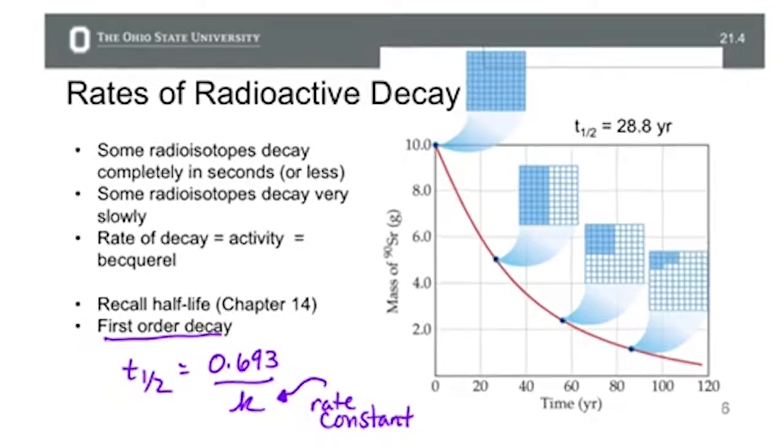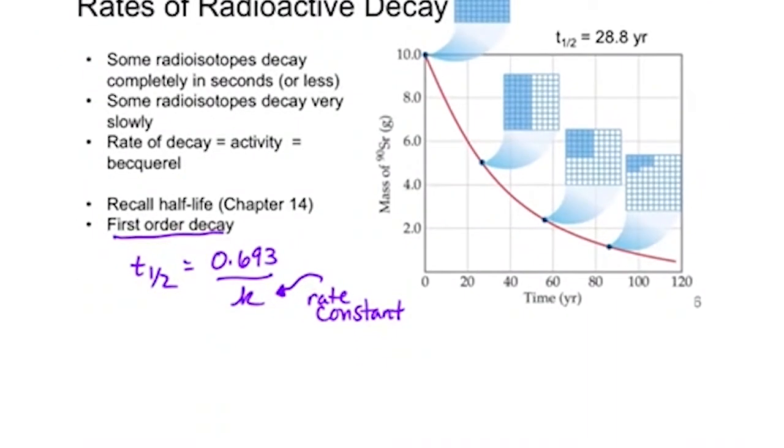And if we want to find the fraction of nuclei that remain after a given amount of time, we can use our first-order decay rate law. We'll have the natural log of the nuclei at time t over the initial amount of nuclei equals minus k times t.